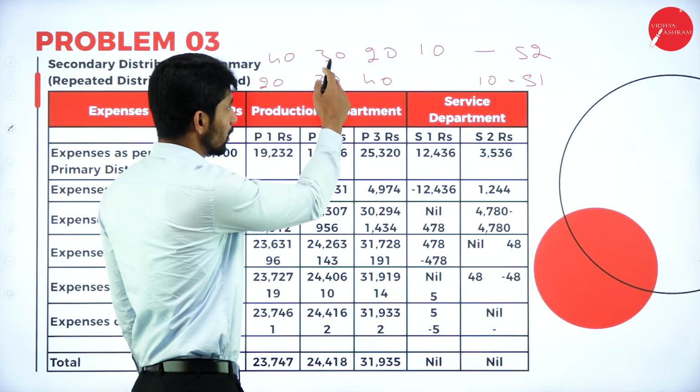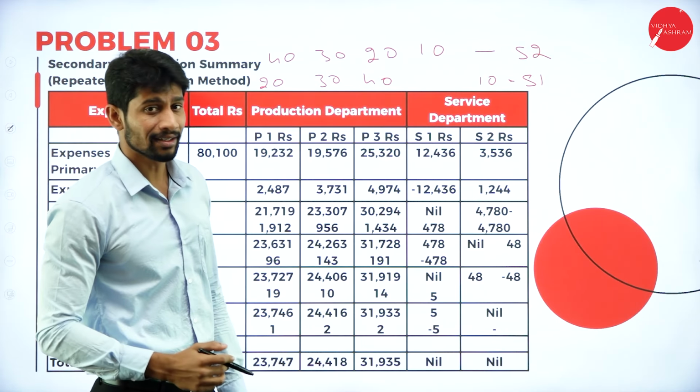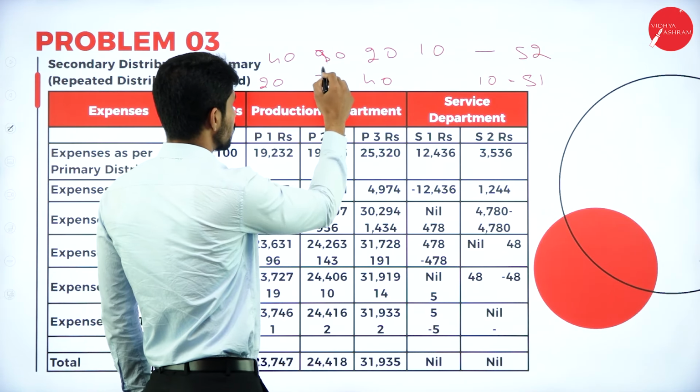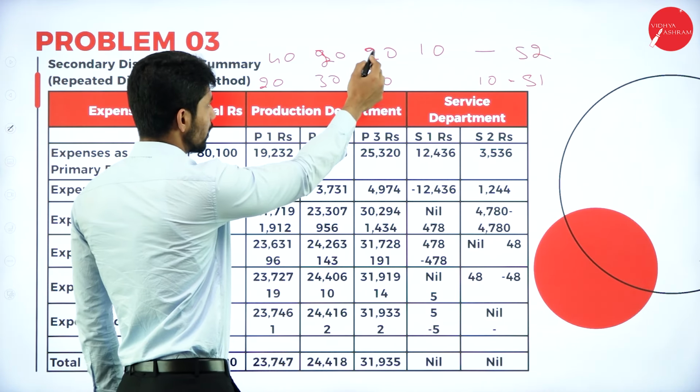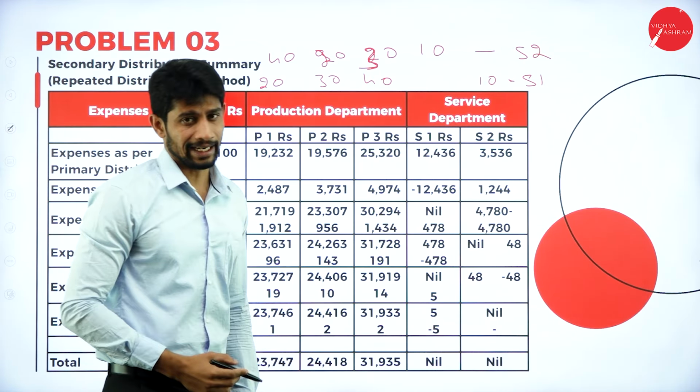So here it's not 30, it's 20, and here it is 30. 40, 20, 30 and 10 in S2.